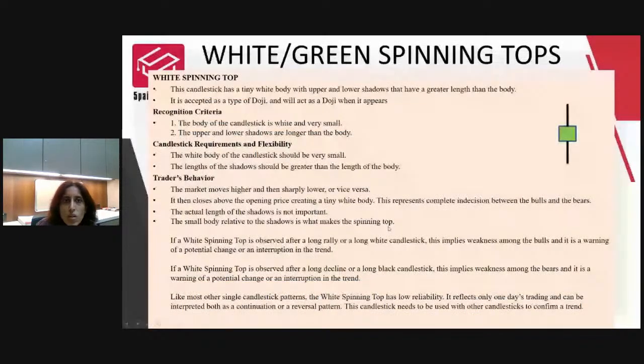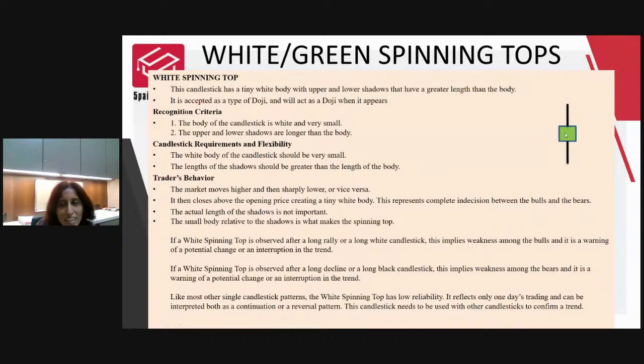Now let's come to the white, or so to say the green, spinning tops. In this case, as you can see, the chart type is a white or green spinning top and you get to see a small real body, and the upper and the lower shadows are greater than the length of the real body.